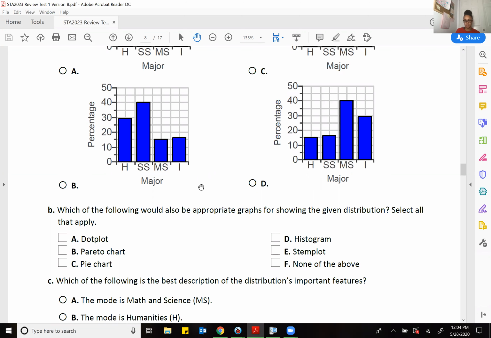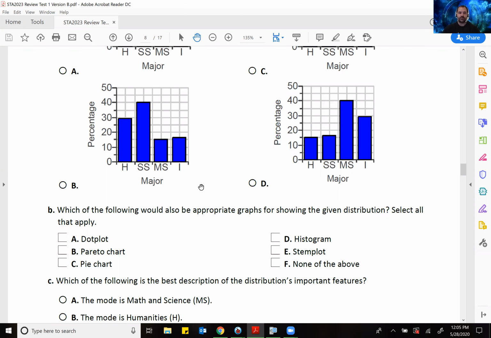Can we use a pie chart for this? You absolutely can. So pie chart is another way to display this. Okay? And there's one more on here. Pareto chart? Yep. You got it. B and C are the ones that you need to select. Because for categorical data, you have three options.